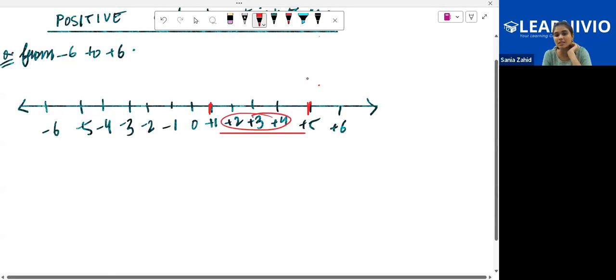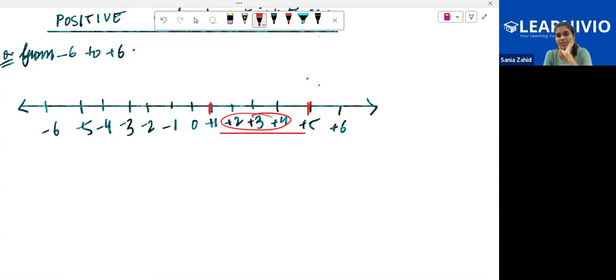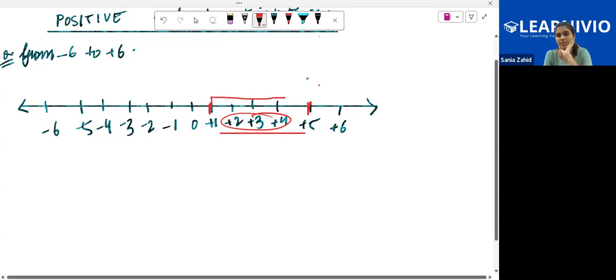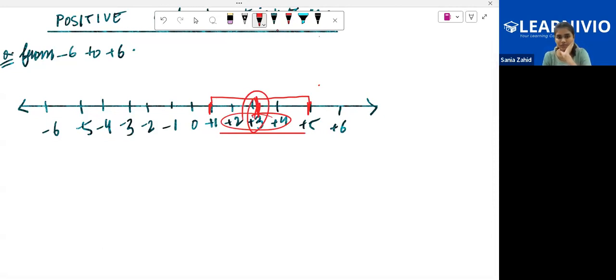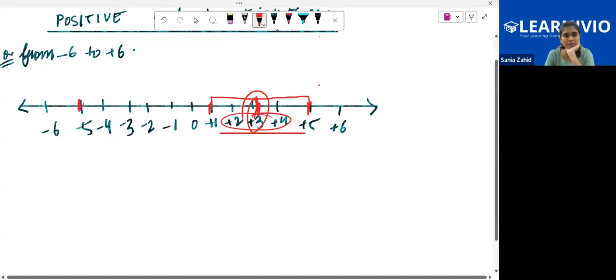Now can you tell me the middle point of this specific line? +3 is the middle point. So this is how you can mark the numbers asked on the number line. If I give you the opposite, -1 and -5, which will be the middle number? -3 only. Very good. That's pretty simple.